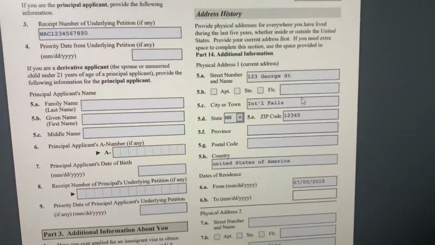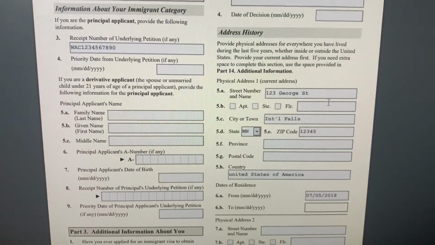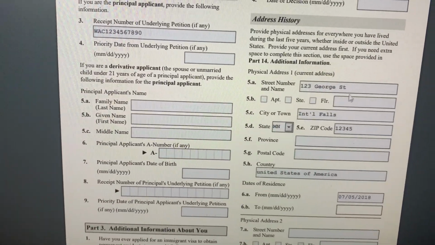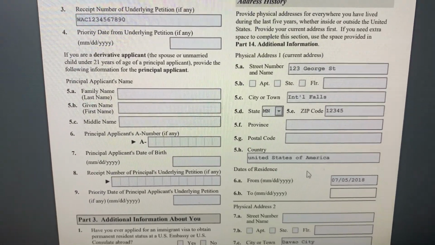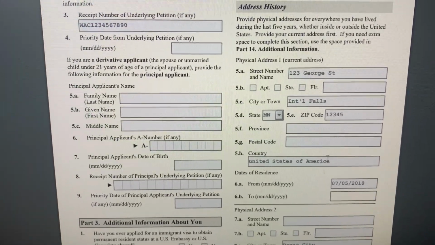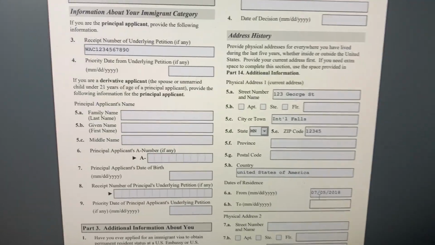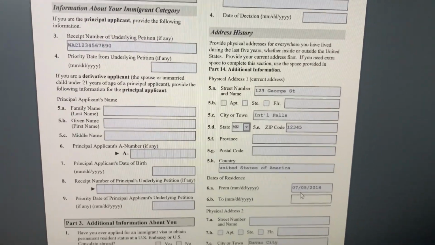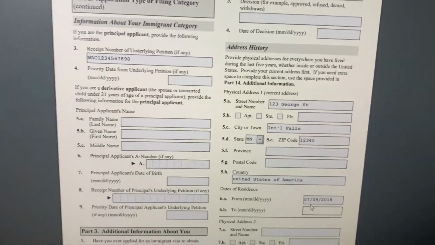Here, address history. You always need to put your current address here in the US. So that's my address, I put my address in there, United States of America. From, I've been living here since July 5th, 2018. That's your date of arrival here in your designated state.